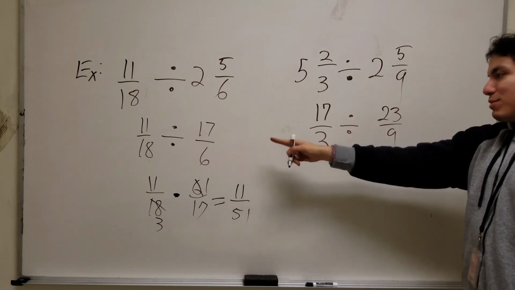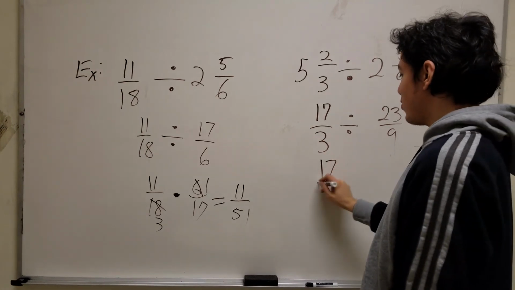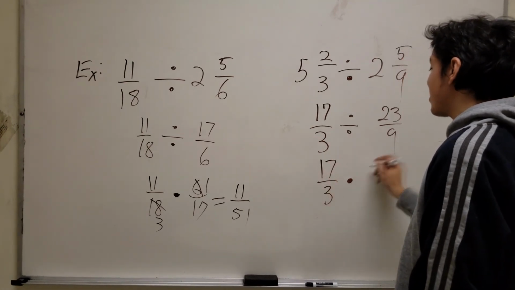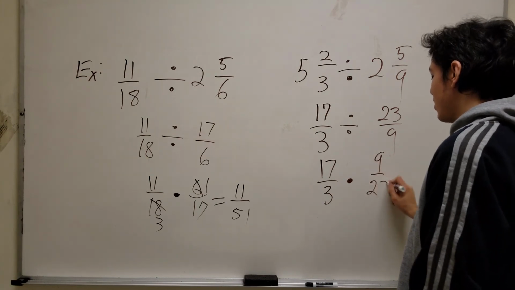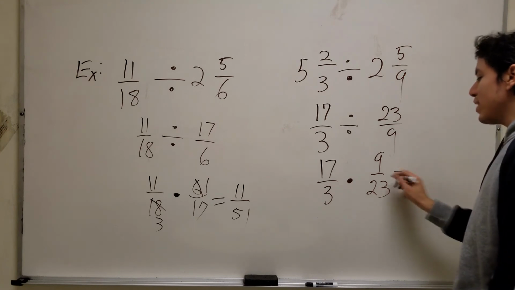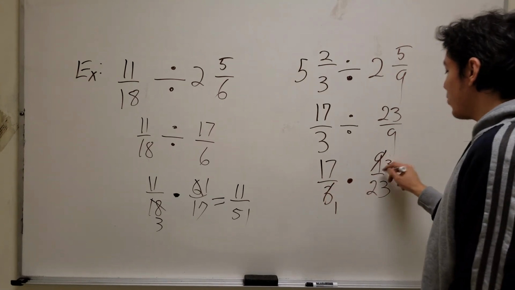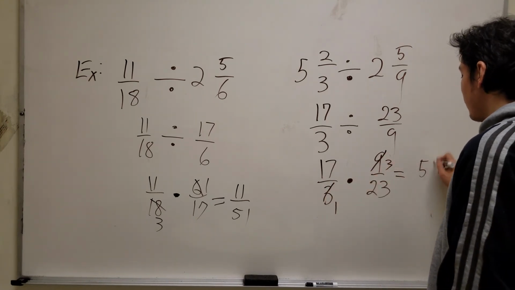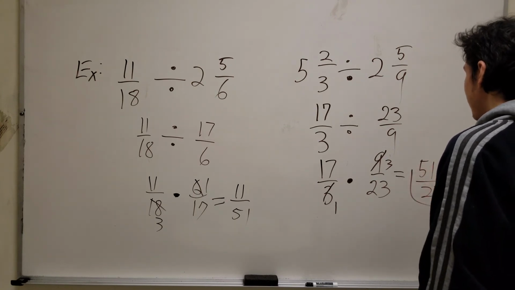Again, same situation as before, I have to change the sign and flip the second fraction to get 17 over 3 times 9 over 23. I already know the 3 will cancel with the 9, so then I'm left with 51 over 23 as my final answer.